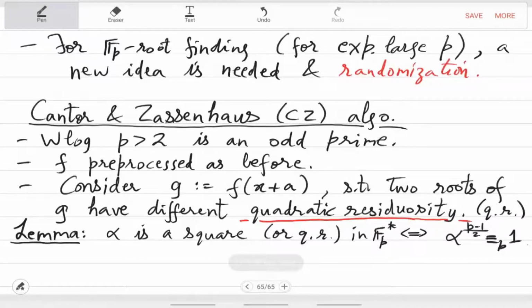What is the proof? You can give multiple similar proofs. The easiest one is to use the cyclic nature of Fp star.